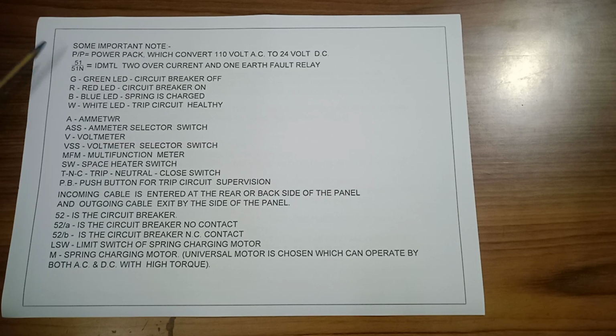here is some important note. PP means power pack, which converts 110 volt AC to 24 volt DC. 51 by 51N is IDMTL, two overcurrent and one earth fault relay.